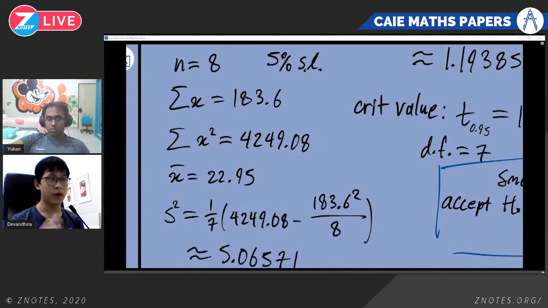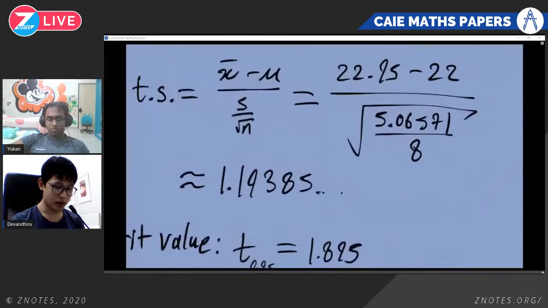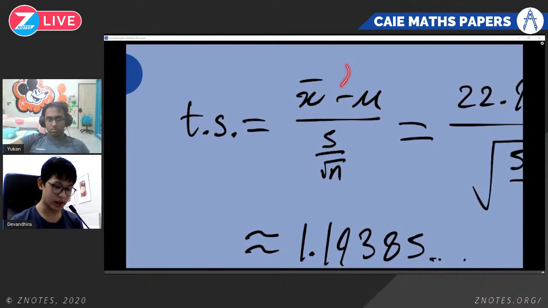Now we know that we can finally use our test statistic. So for this test, our test statistic is this one. So you have x bar minus mu. In this case, our mu is just 22. Our standard deviation: remember, I didn't write an s squared here. That's what they give in the textbook actually, s over square root of n. But what you can do is put a square root and put an s squared here, because it's just the same thing, right?